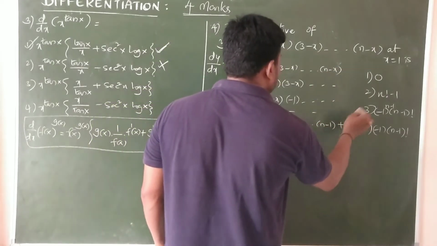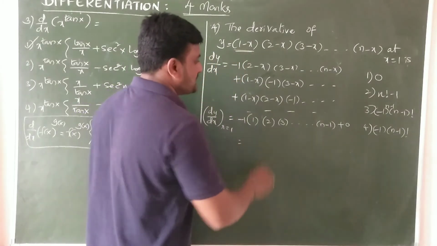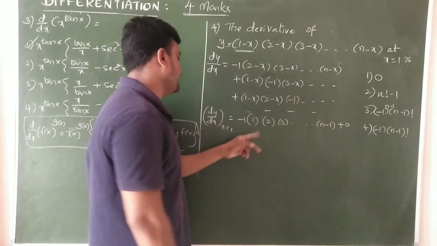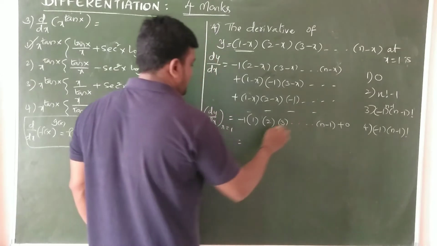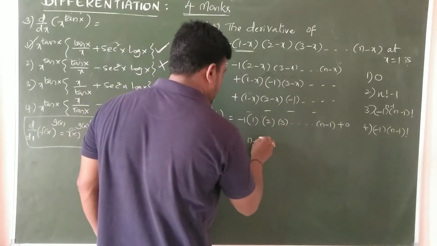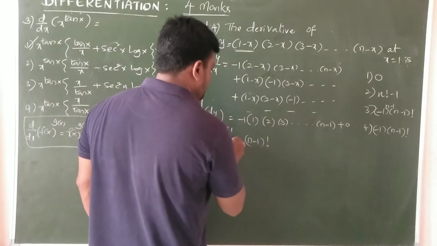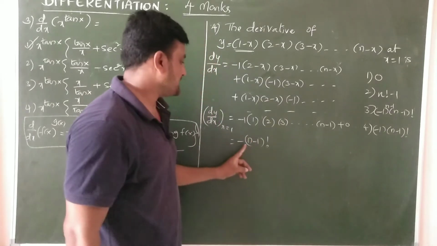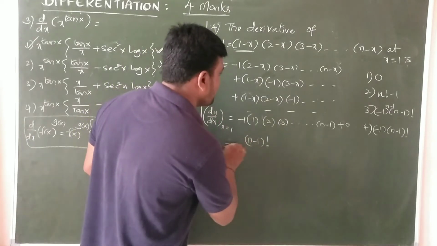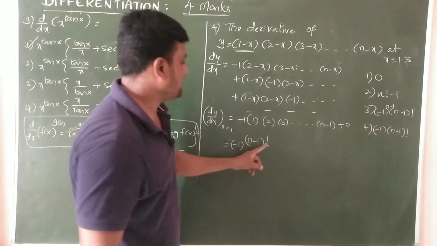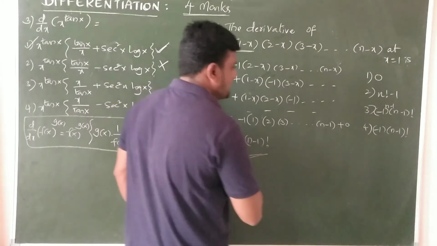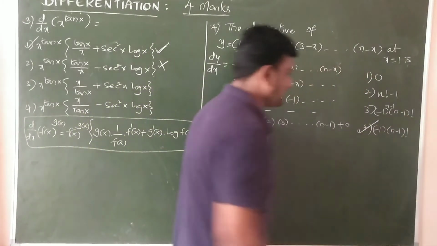So the remaining are all zeros, yes or no? Okay, so the product of 1, 2 up to n minus 1, all n minus 1 terms, should be (n minus 1) factorial. So minus 1 into (n minus 1) factorial. Okay, this is our right option.